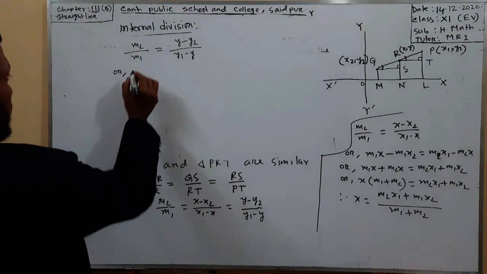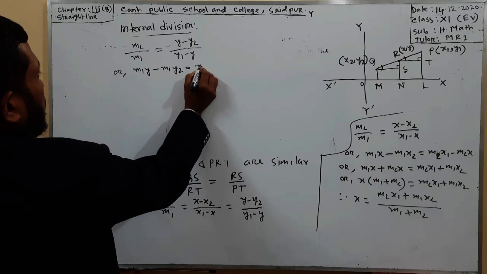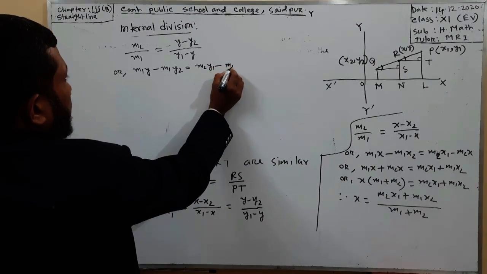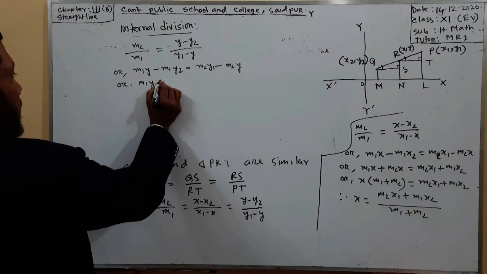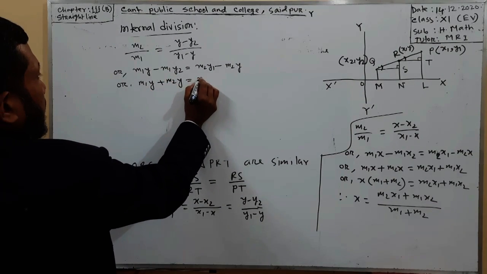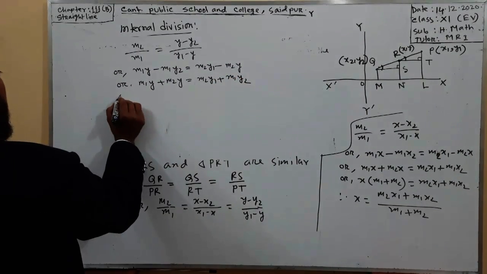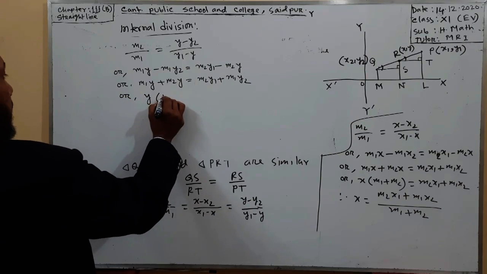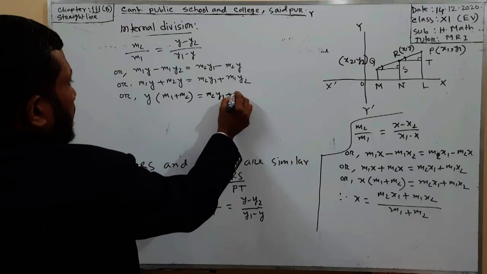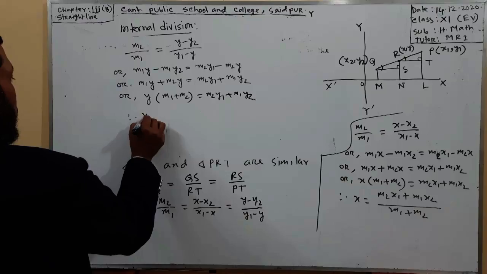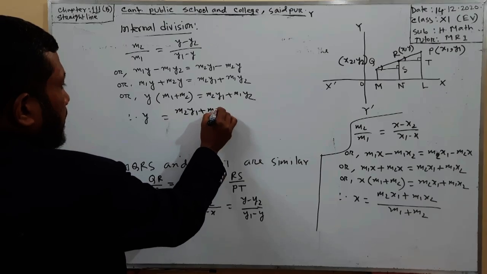By cross multiplication, M1y minus M1y2 is equal to M2y1 minus M2y, or M1y plus M2y is equal to M2y1 plus M1y2. If we take y common, y(M1 plus M2), therefore y is equal to (M2y1 plus M1y2) by (M1 plus M2).